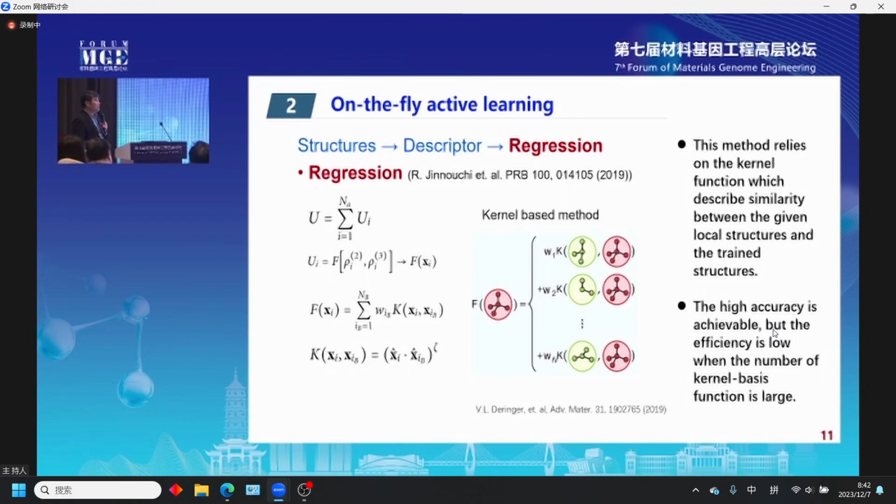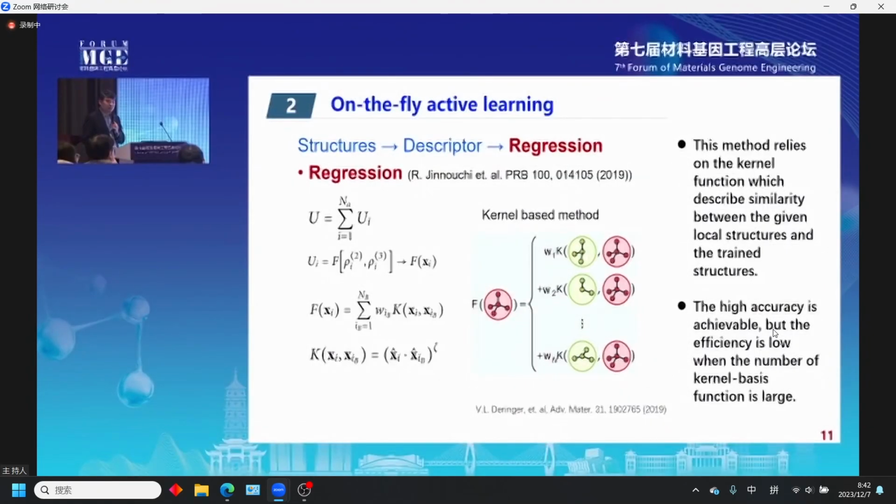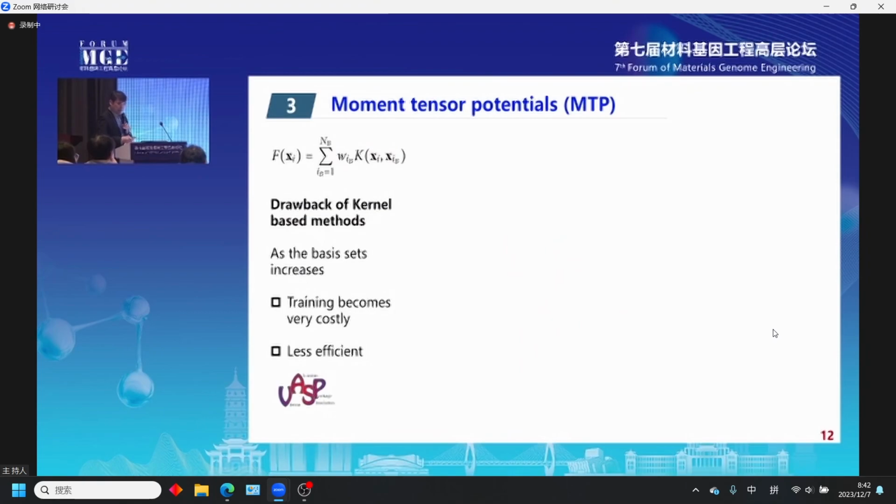So this method relies on the kernel function, which describes similarity, as I mentioned before. It can yield high accuracy, but the efficiency is very low when the number of kernel-based functions is large. This kernel-based method uses a lot of training structures, which are stored in the computer.